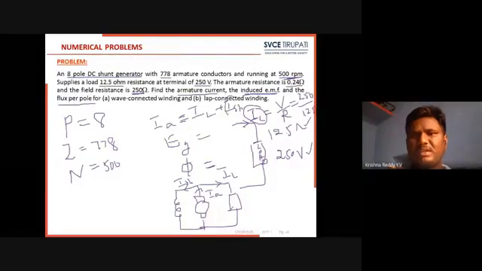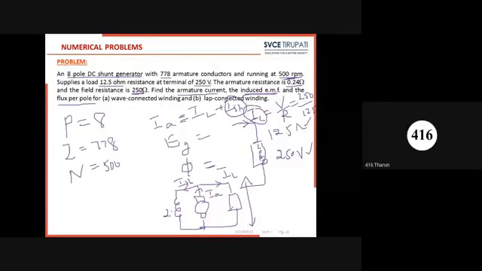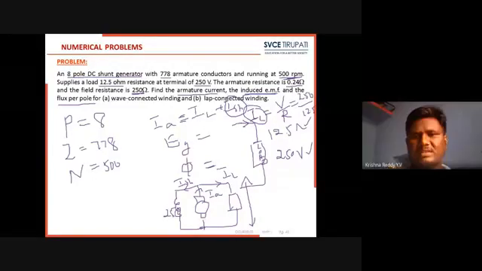Now, how can we calculate the ISH value? The voltage value is given and also the shunt field winding resistance is 250 ohms. ISH is equal to V divided by RSH. Then we can easily calculate the IA value.